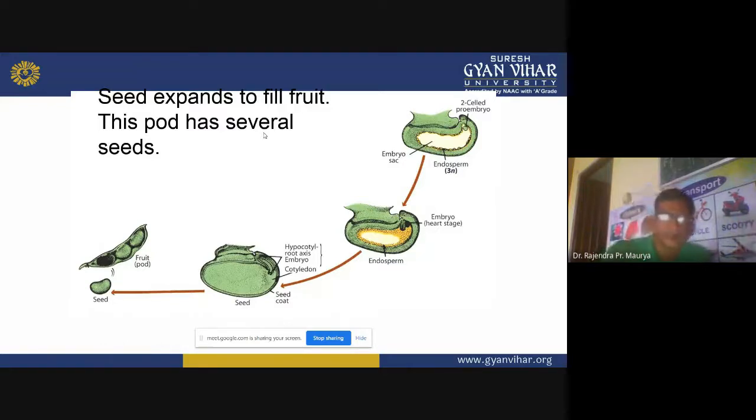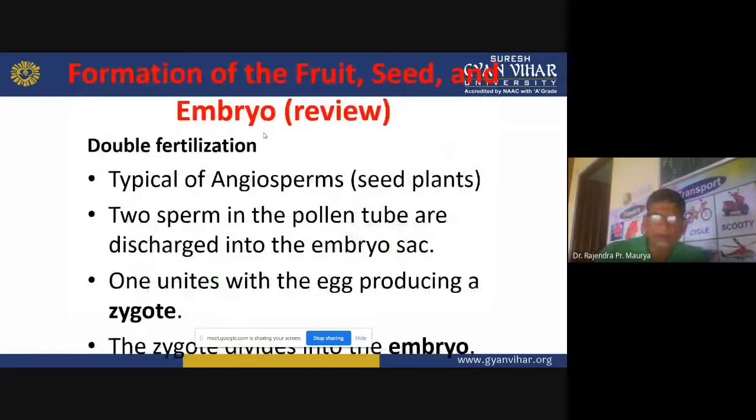Fruits, that is the pod, and the fruit contains multiple seeds. Same, pods also contain many seeds. So formation of the fruit, seed and embryo review, double fertilization, typical of angiosperms, seed plants.